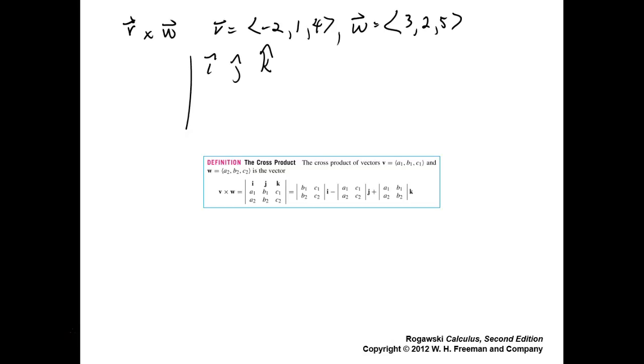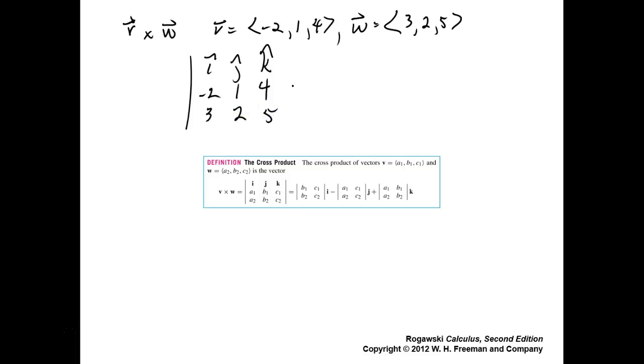If you do V cross W, your product is going to be in that direction, so it's going to be the opposite. So just about always, order matters with cross products. So put the V second, that's negative 2, 1, 4, and then W, 3, 2, and 5.